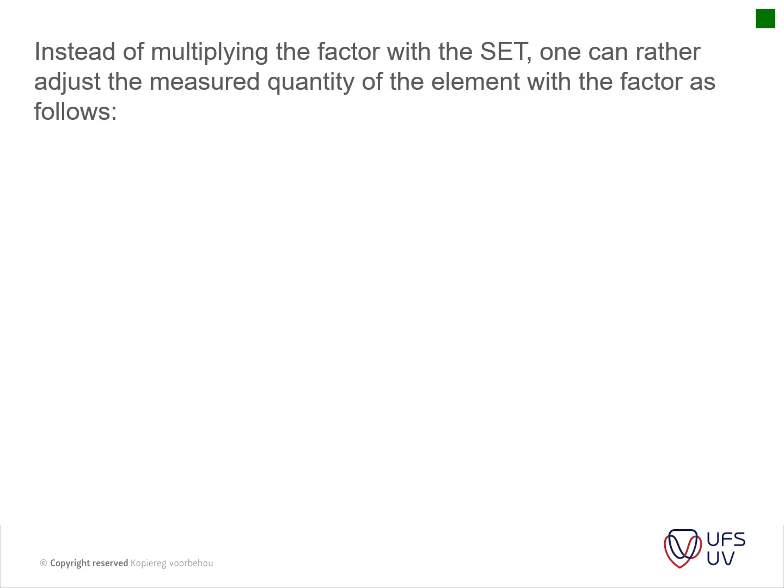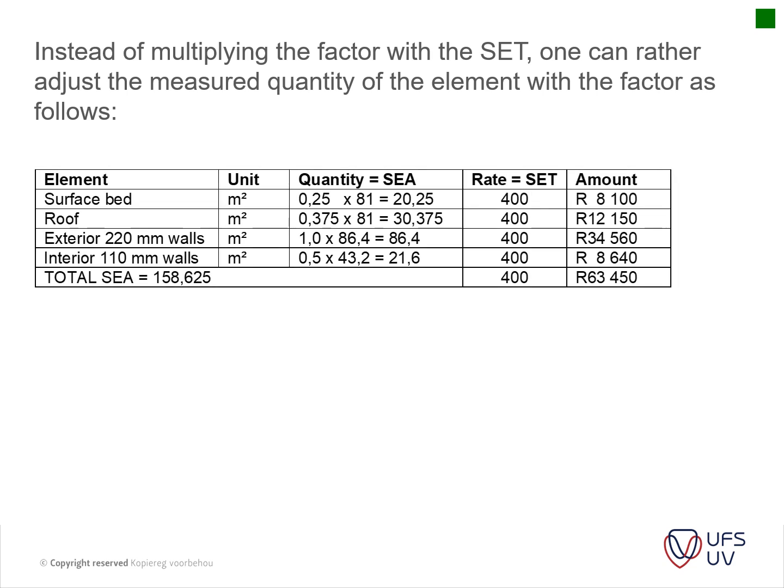Thus, instead of multiplying the factor with the tariff, one can rather adjust the measured quantity of the element with the factor as follows. So it's the same table again. So we've got our areas that we've worked out in our first example, and we've got our factors.